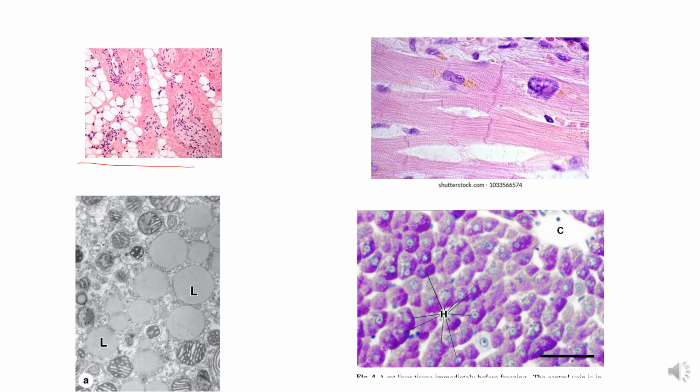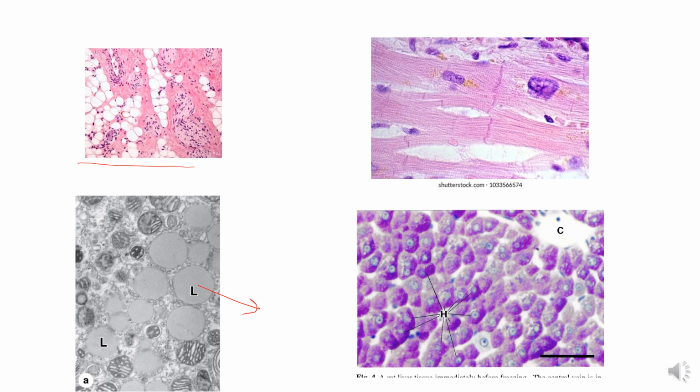The lipid can be demonstrated by using special fixation and staining methods, for example in frozen sections stained by fat stains, where the lipid droplets appear black. Under the electron microscope, the lipid droplets appear as homogeneous spheres of variable density.